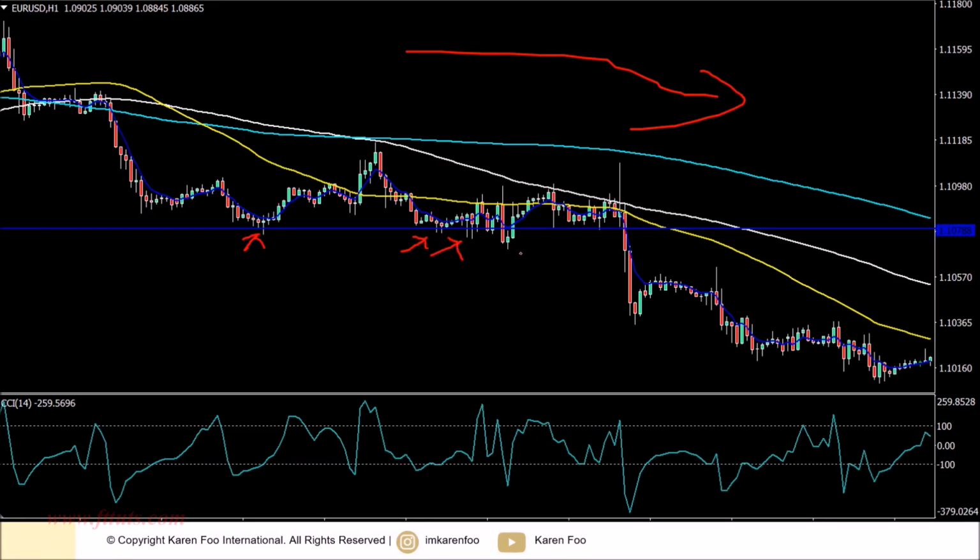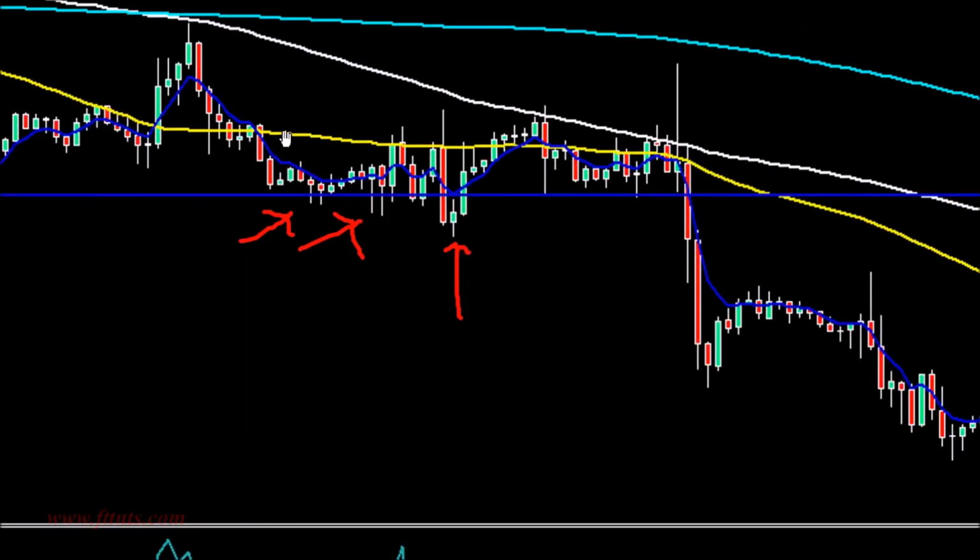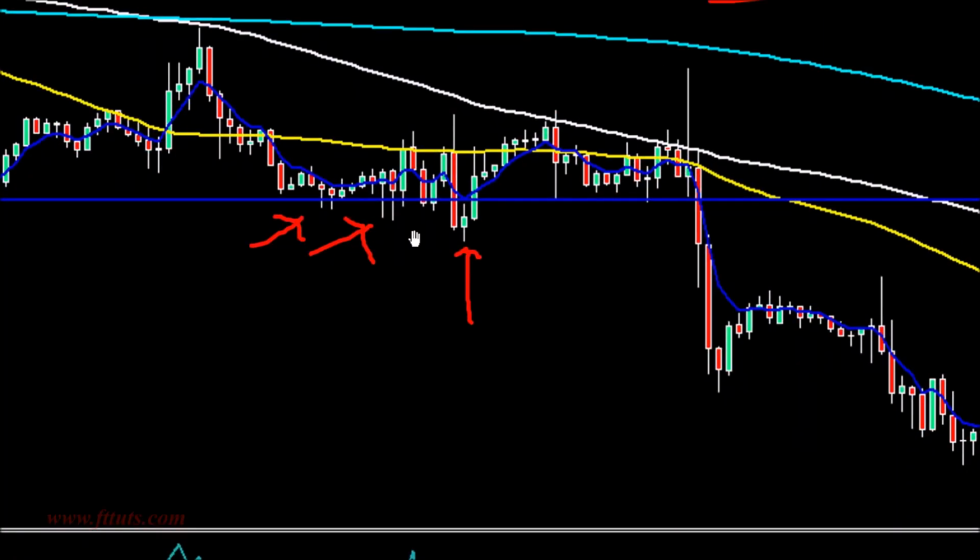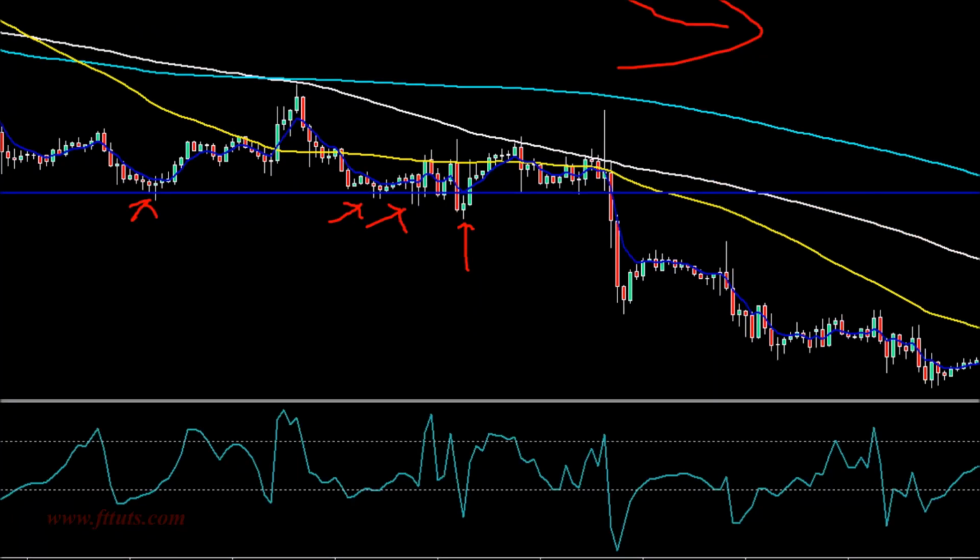And you can see again, this candlestick. Now can you tell me, is this a real breakout or a false breakout? If I zoom in, look at where 5 EMA is. Remember, you don't look at the position of the candlestick, you look at where 5 EMA is. So hence, for this candlestick, the 5 EMA is still above the support line. And with oscillator confirmation, look at where CCI is.